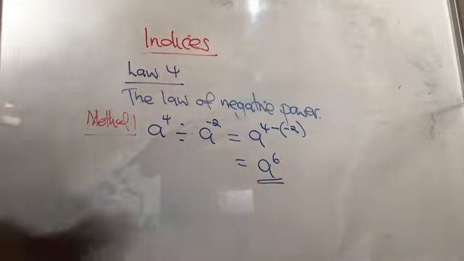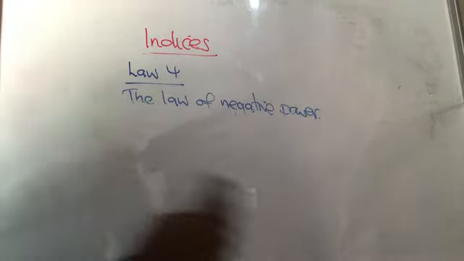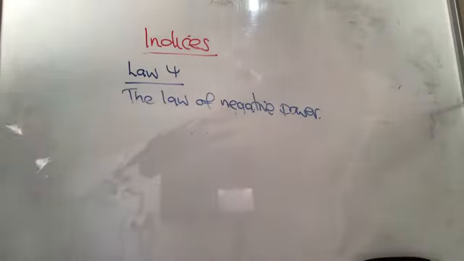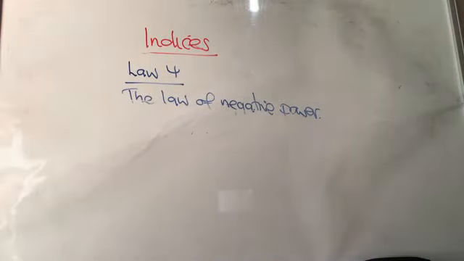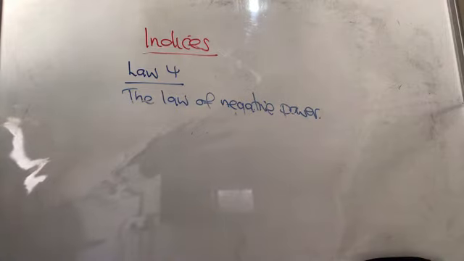All right, now let's continue with law number 4. Law number 4 goes on to say, let me pick a question from the exam paper, which I have here with me, fractional negatives. Sometimes you may be given a question of this type.